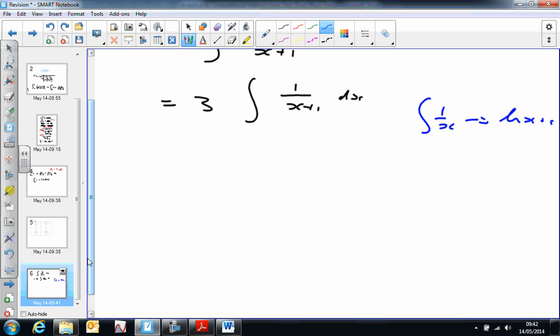That's the standard integral I'm going to use. But it's not x underneath here, as I've already mentioned, it's x plus 1. So what I do is I let u equal x plus 1. And then, if you remember, I differentiate that. And in that case, that just becomes 1, because the differential of x is just 1 and the constant disappears. So du equals dx.